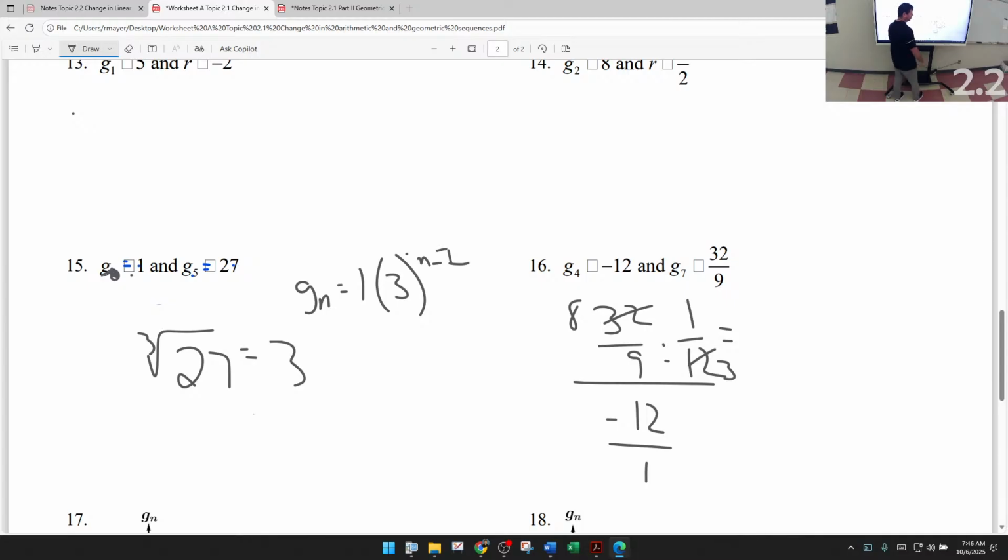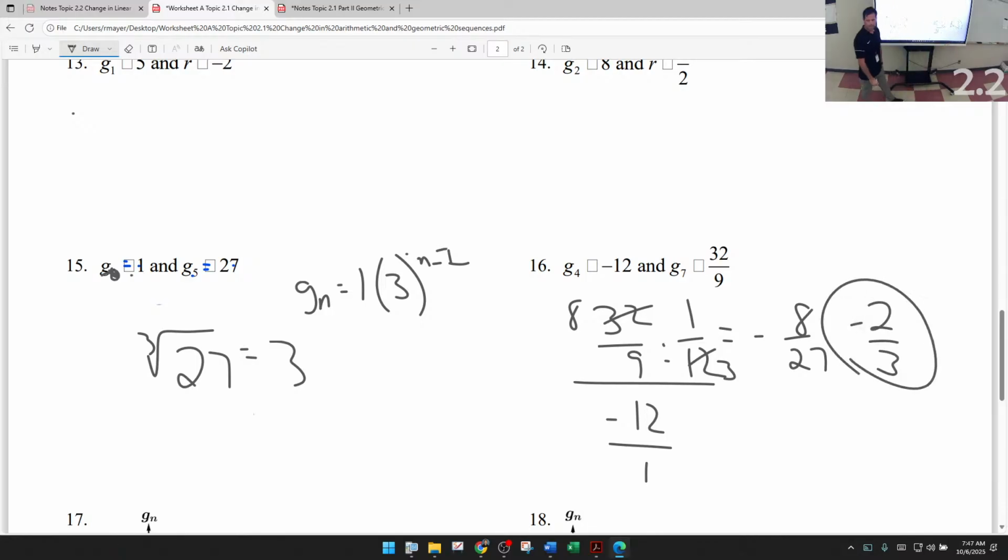Eight 27ths. Take the cube root of it, 2/3. That's R. Everybody okay with your calculator on that?